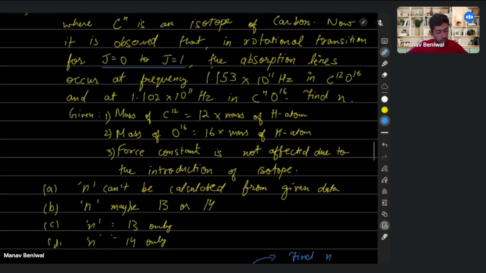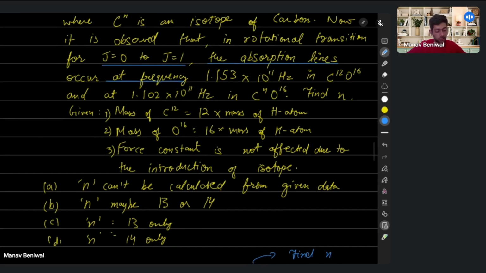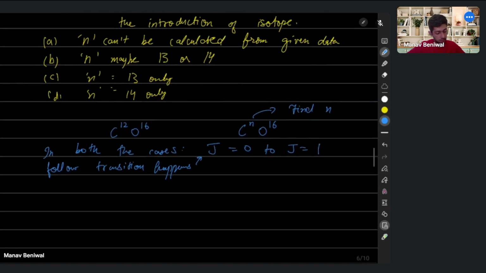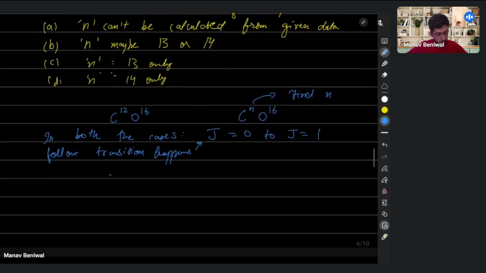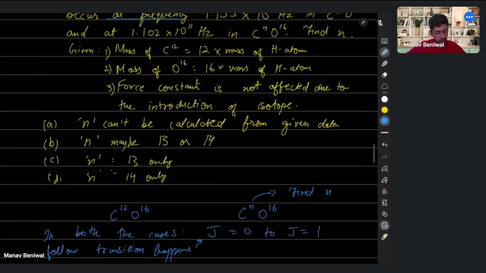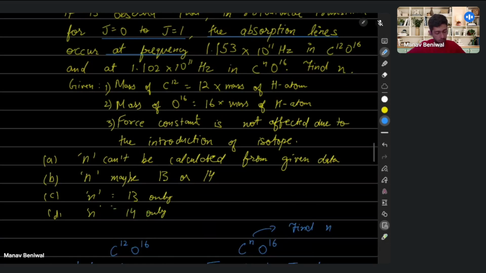And then we note the absorption lines. What is the frequency? They occur at certain frequencies. For C12O16, it is 1.153, and in the other one it is 1.102.